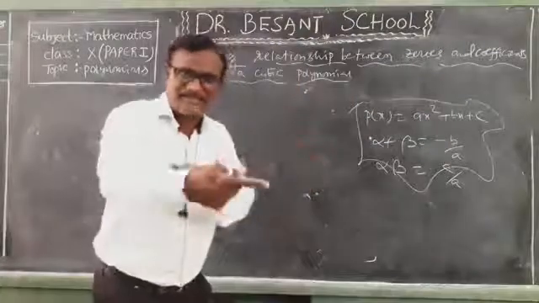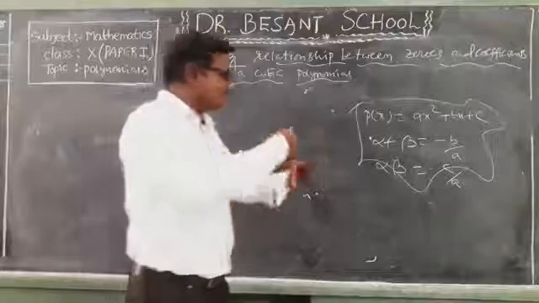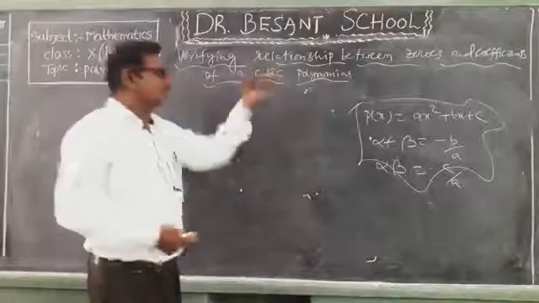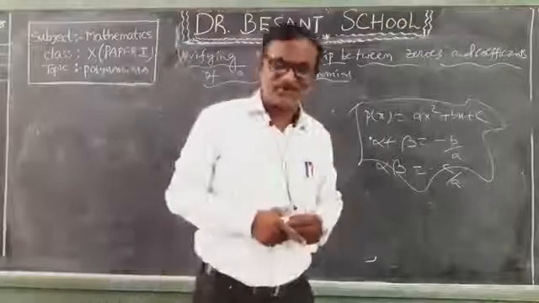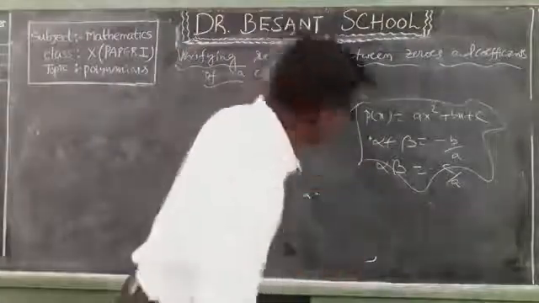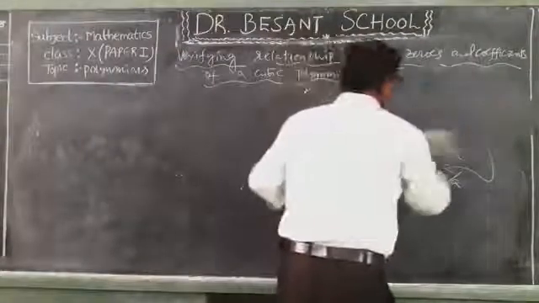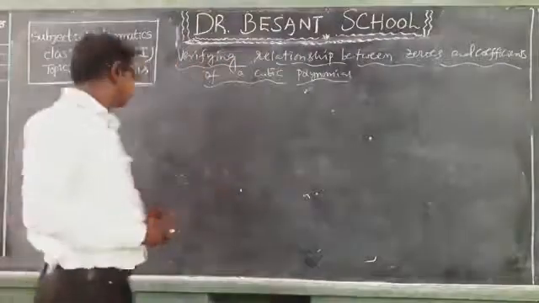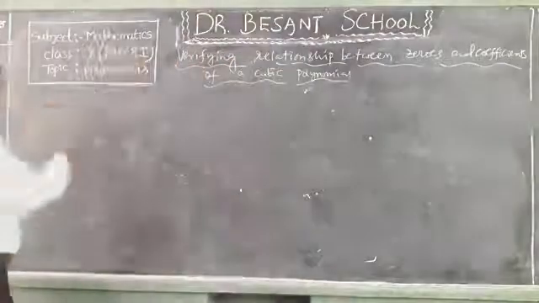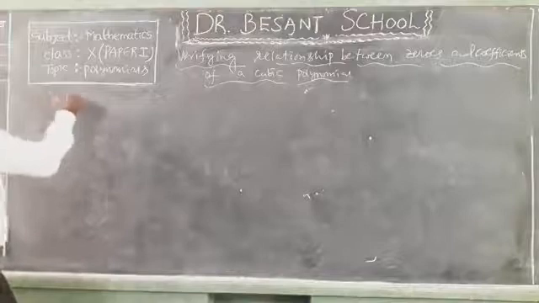In the same style, we are going to derive the relationship between zeros and coefficients of a cubic polynomial. Okay, children? Yes. Observe. Now, concentrate and verify this theory concept. What am I going to derive here? I will write here.